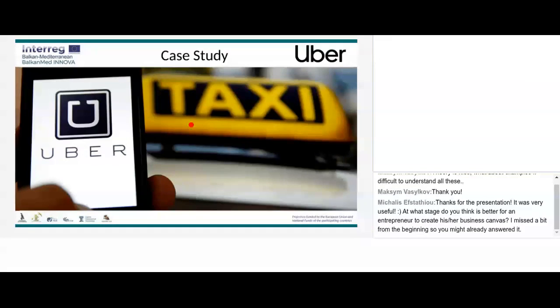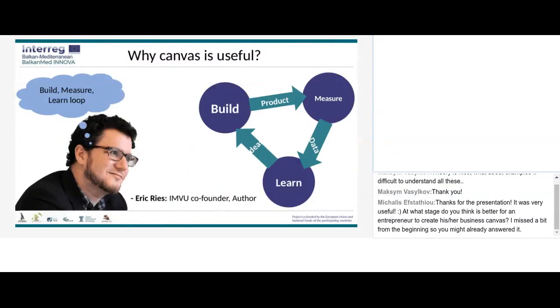But this is not the case, because you don't have to create a perfect business model canvas. It's not the canvas that's important, it's the evaluation of the canvas that's important. Basically, the loop that I addressed by Eric Ries, the build, measure, and learn loop, that's why the canvas is so useful. So yeah, I would say when you come up with the idea and you just write it in one paragraph, for example, and then start working on the canvas.